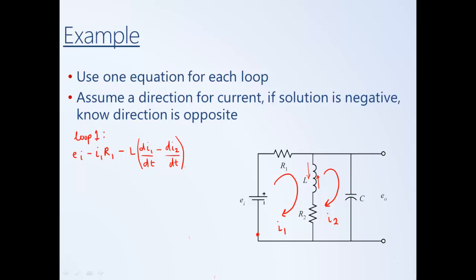And since it's flowing in the opposite direction, it will have a sign that's the opposite of the sign for current I1. Then we drop across this resistor, where again we have I1 flowing down through the resistor and I2 flowing up through the resistor.